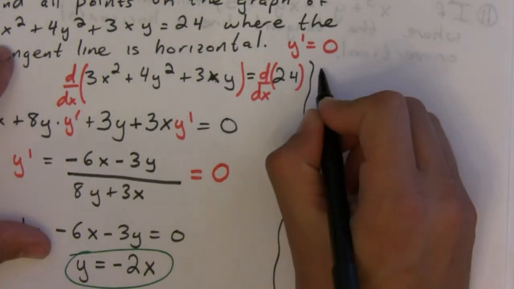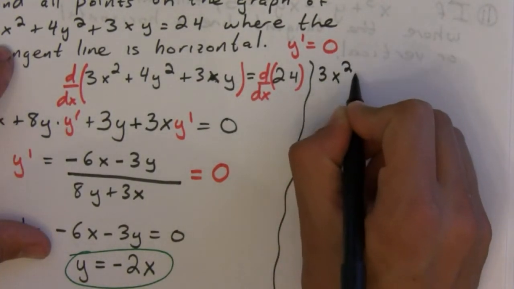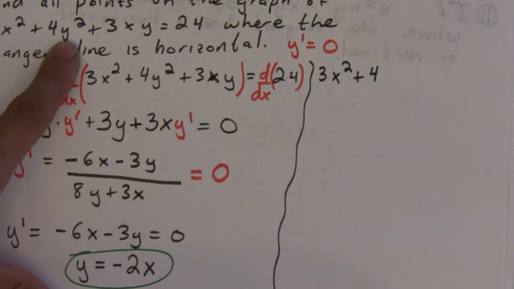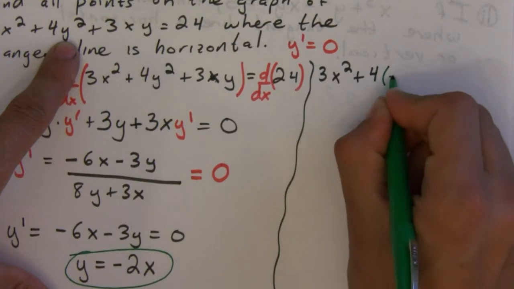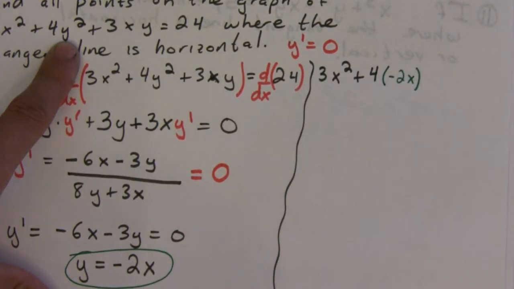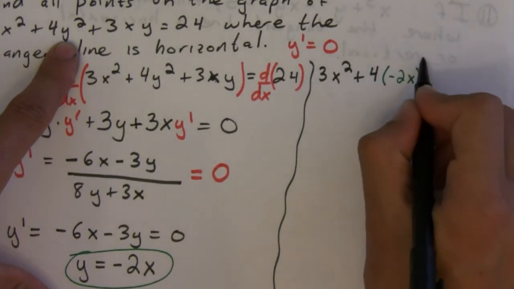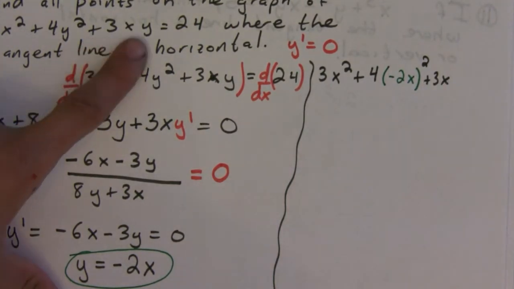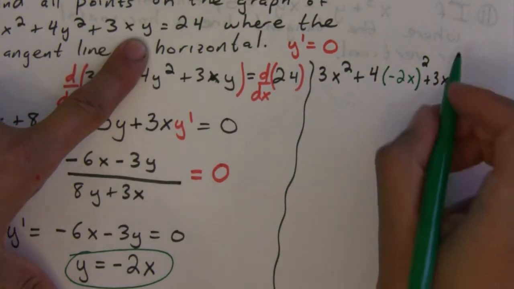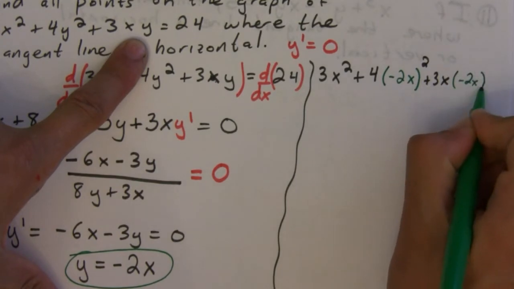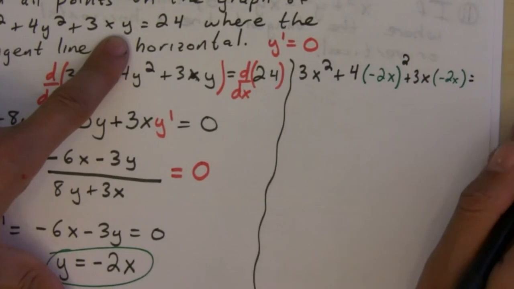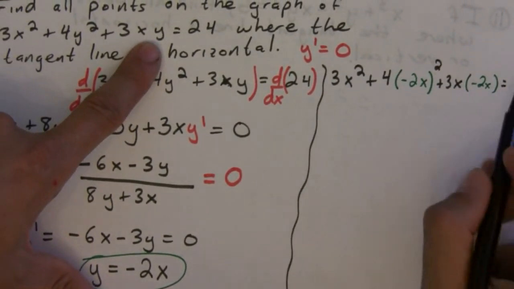And so what we have is 3x squared plus 4, now instead of y, I'm going to put negative 2x, squared, plus 3x, now instead of y, I'm going to put negative 2x, is equal to 24.